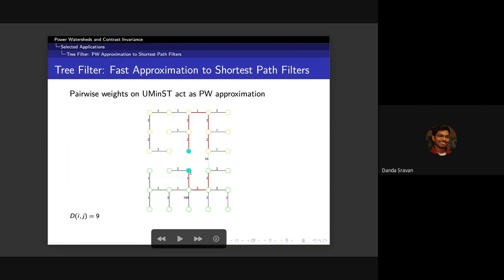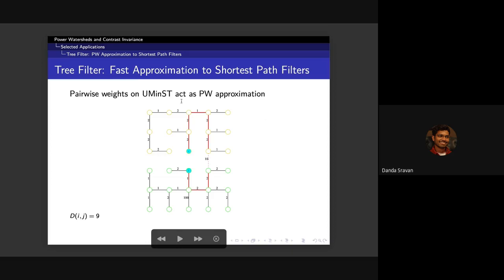On this minimum spanning tree, I notice that between any two pixels there is a unique path, and all these hops can be computed very easily. There's an efficient algorithm to do this, and it can be done in linear time. In fact, this gives quite reasonably good results, and we tried to figure out why.